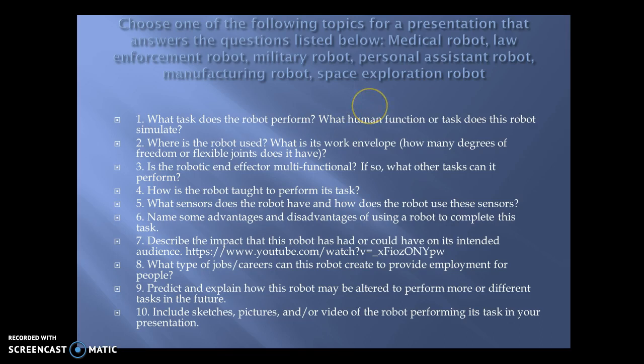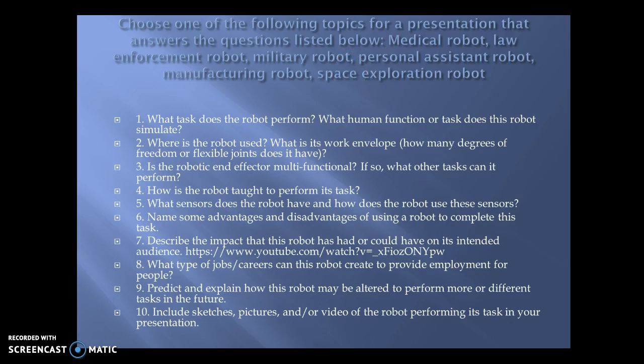The second guiding question is, where is the robot used? This could be a factory, a surgical room, out in the field for military or law enforcement, or even out in space like the Mars rover. Work envelope is the area that the robot works within.